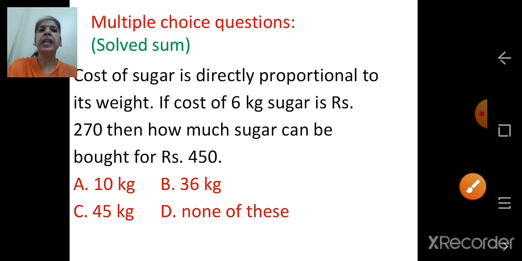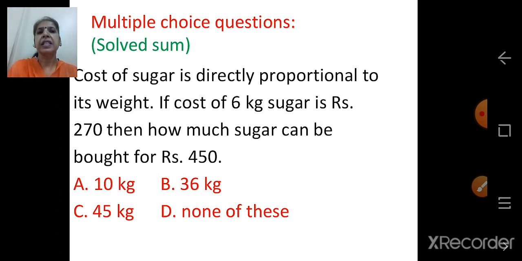Now you know that we have multiple choice questions. Here one solved example is given. The question is: the cost of sugar is directly proportional to its weight. If the cost of 6 kg sugar is rupees 270, then how much sugar can be bought for rupees 450?